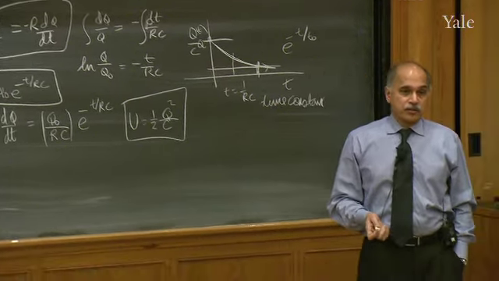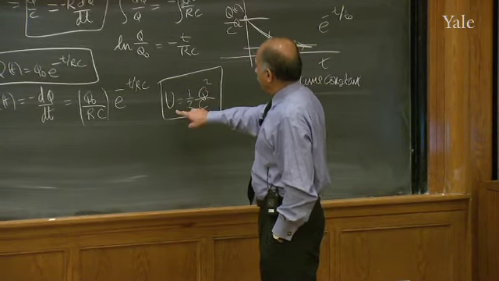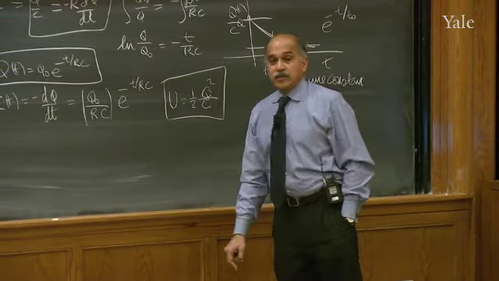You want to ask yourself, what happened to the energy I had in the capacitor? And we all know the answer is that it went through the resistor and heated it up, and the heat energy or light energy is where you got your rewards. But we've got to make sure that the energy deposited in the resistor over all time is equal to the energy you had in the capacitor. That's the last thing I want to do to check.